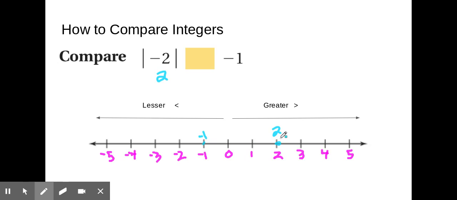Now, which one is greater? Well, it's obvious that 2 is greater because it is further to the right on the number line. So I'm going to put my greater than sign in there. 2 is greater than -1. So that's how you would use the number line to compare integers.